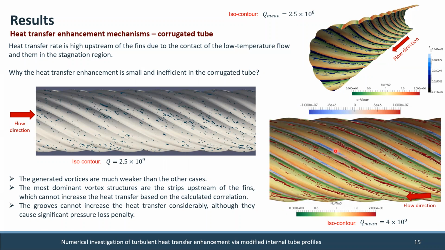They are light blue and light red, which means that they are somewhere around 0. So these coherent structures cannot help in heat transfer enhancement. So the grooves cannot increase the heat transfer considerably, although they cause a significant pressure loss penalty.